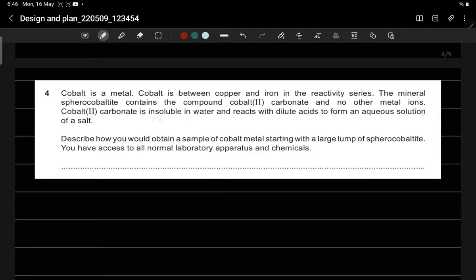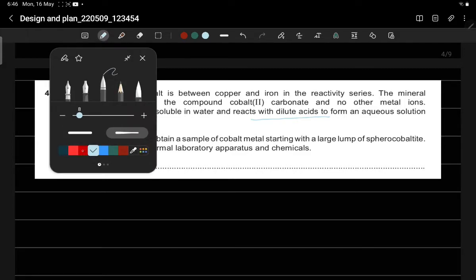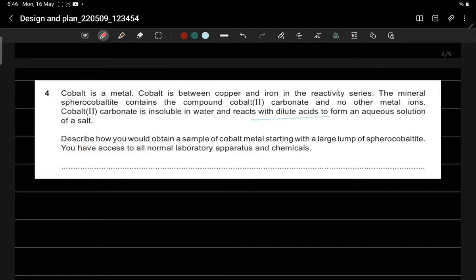Cobalt 2 carbonate is insoluble in water and reacts with dilute sulfuric acid to form an aqueous solution of salt. Describe how you would obtain a sample of cobalt metal starting with a large lump of spherocobaltite. You have access to all the normal laboratory apparatus.